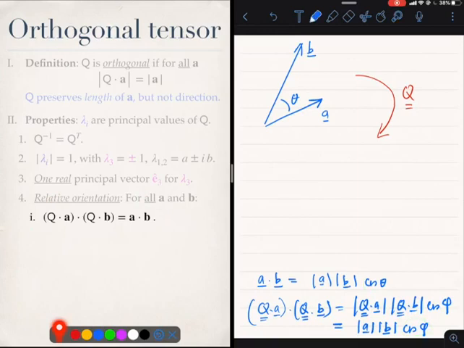So what does that mean geometrically? Let Q take A to some other orientation.